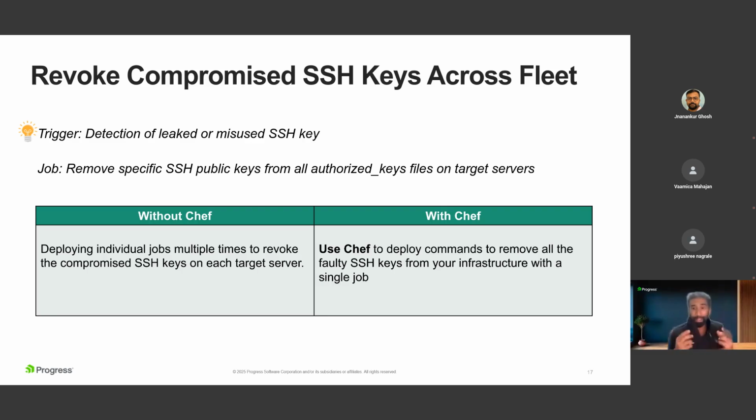With Courier, it is as simple as creating one single job, targeting all your devices, and revoking the key if it is present on them. It can be instantaneous. When the issue of compromise is reported, there is no need to wait, but you can act immediately. The first step to isolate is to identify. You can do that with just one Chef Courier job.